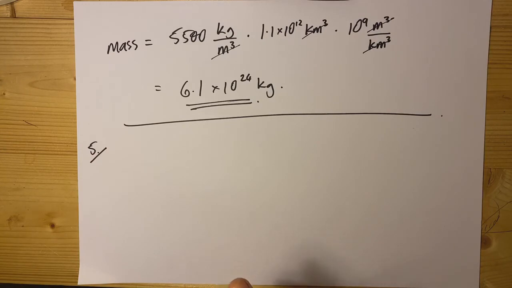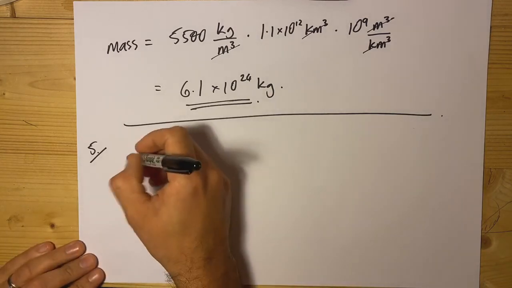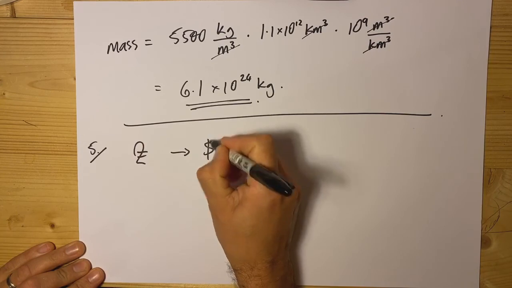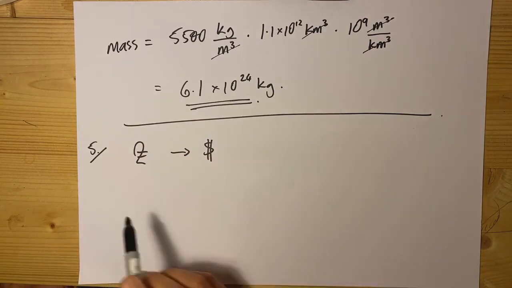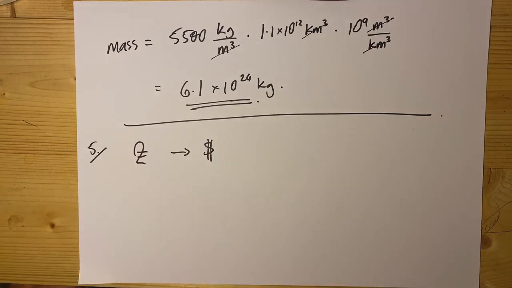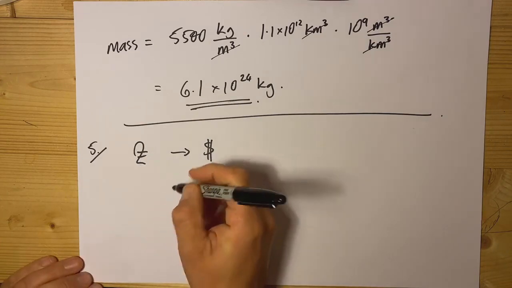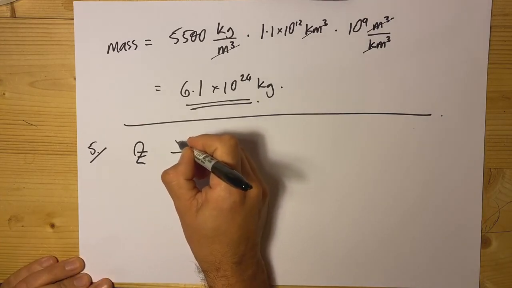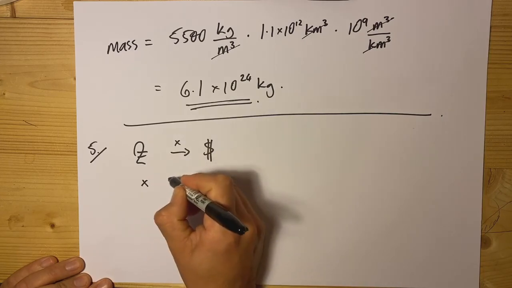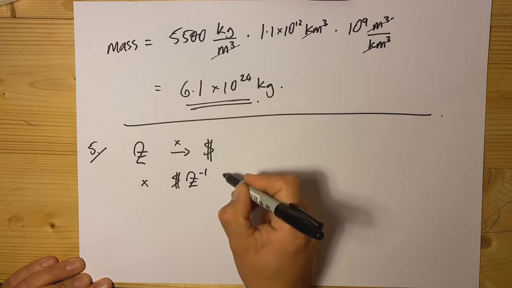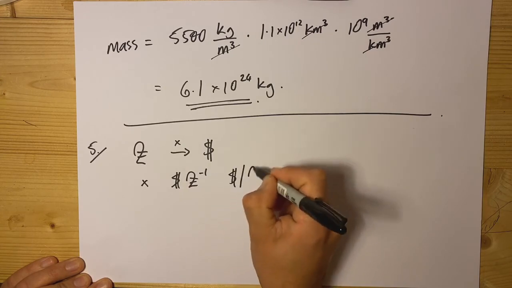There I ask you what would be the units of a conversion rate if we were going from British pounds to dollars. What do we need to know there? Well, we need to know dollars per pound. So the conversion rate, let's call it X, would have units of dollars per pound.